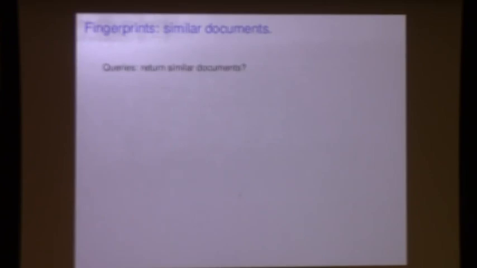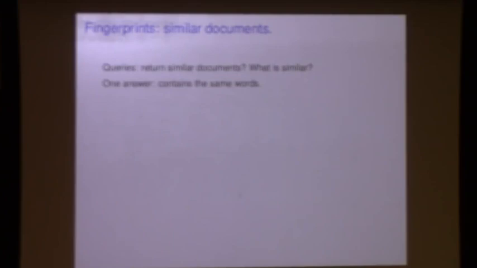Okay, so what should queries do? First, when you're asking for documents, you want to say a document like this one. What does it mean for two documents to be similar? What is similar, even? It contains the same words, right?